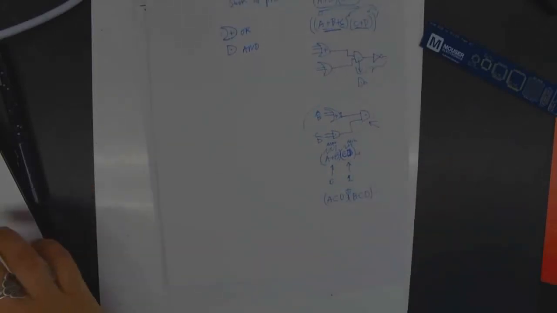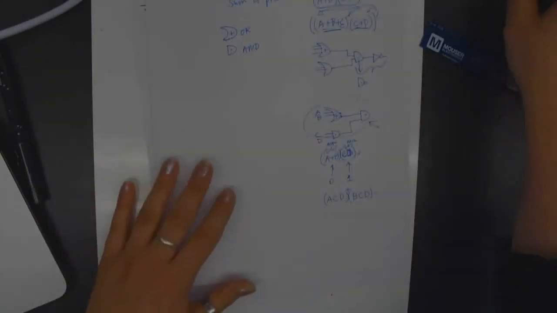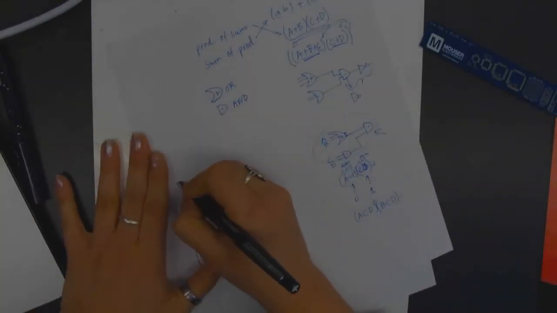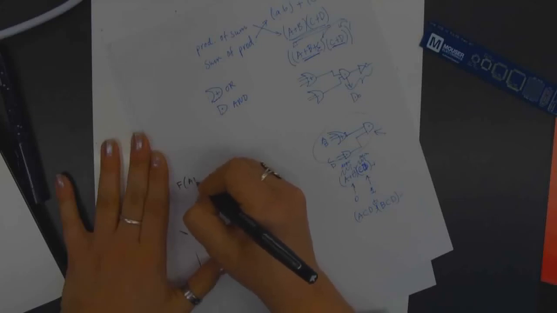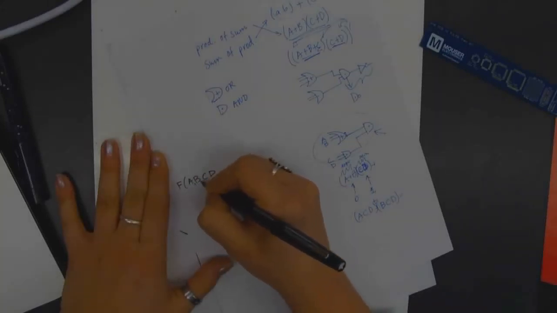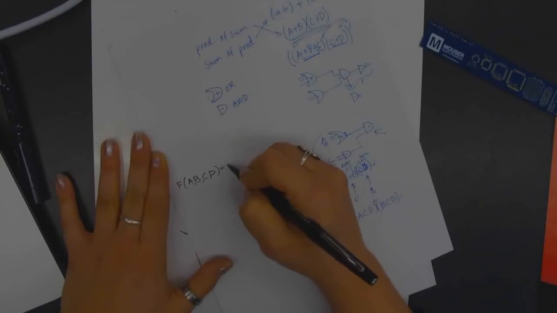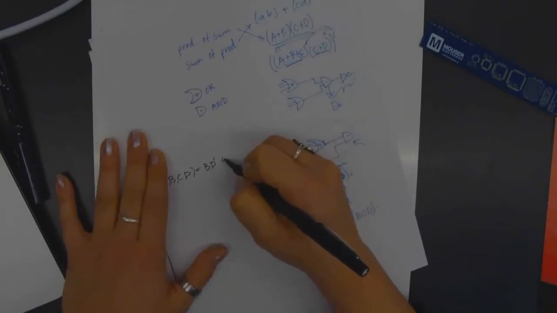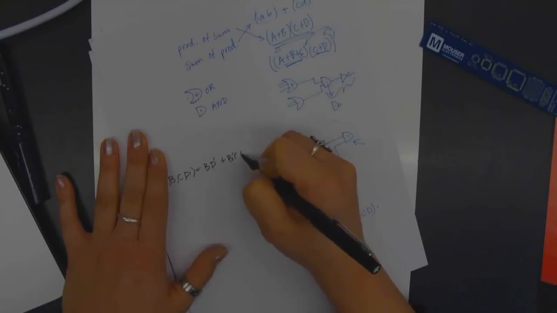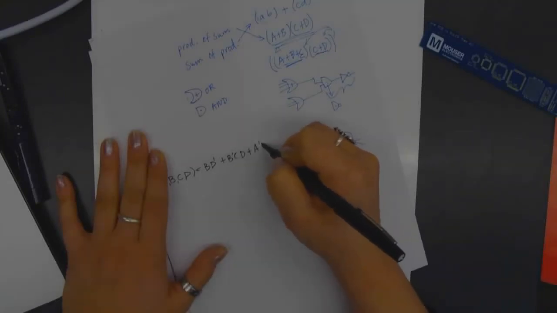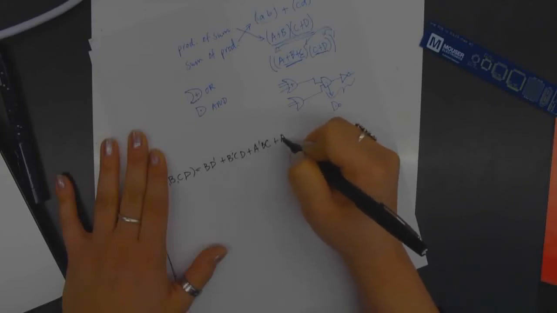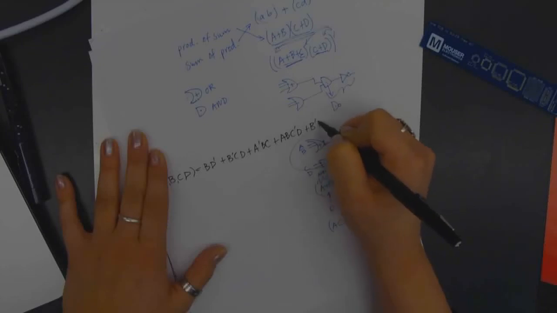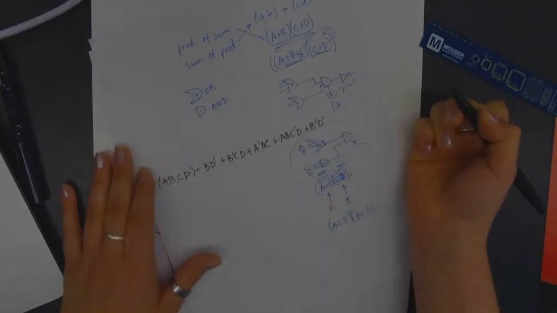Alright, it's been a minute, so y'all are going to have to bear with me. So let's see here. Let me write this down. F(A, B, C, D) equals B D' plus B' C D plus A B C plus A B C' D plus B' D'.